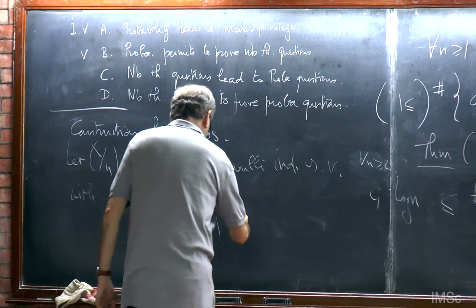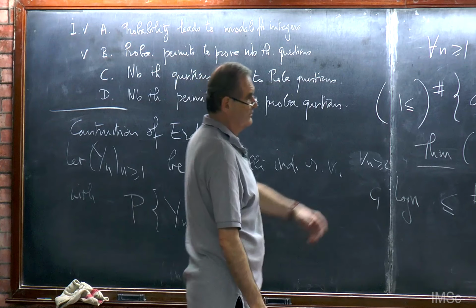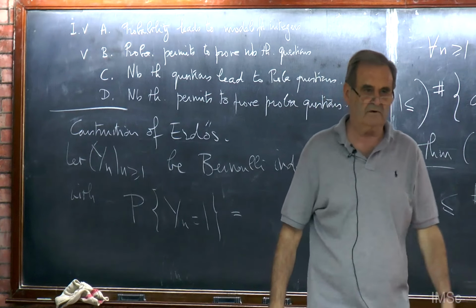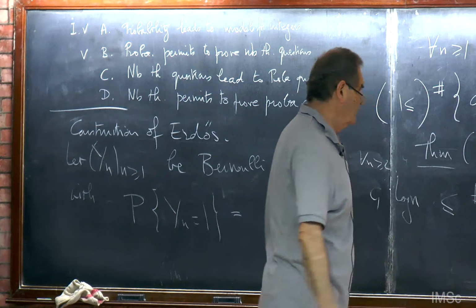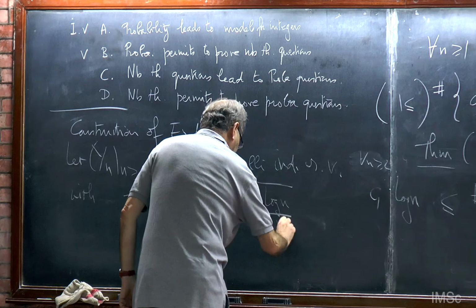The constant 2 you don't care about because it will be something a bit larger. You just want something to be a bit larger, and the best you can do is something like c times log n divided by n.